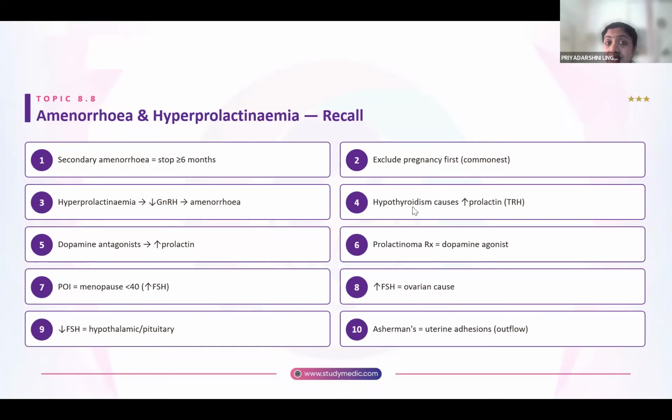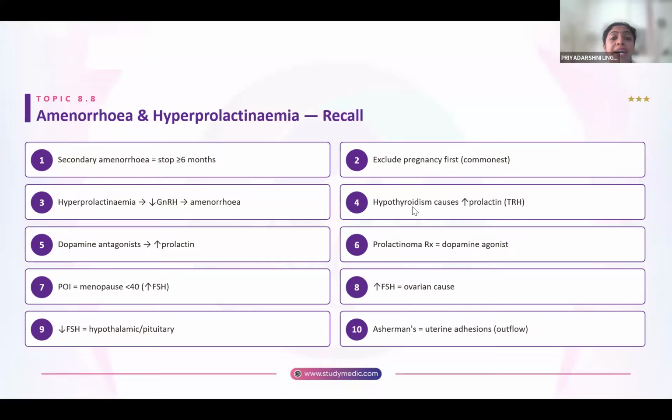In the lab, you look at your FSH values. There will be at least two values of FSH in which the level is going to rise more than 25. And the two occasions are going to be at least 4 to 6 weeks apart. And how do you understand the level of amenorrhea? Whenever your FSH is high, you're dealing with an ovarian cause of amenorrhea. Whenever your FSH level is low, you're dealing with hypothalamus or pituitary causes of amenorrhea.